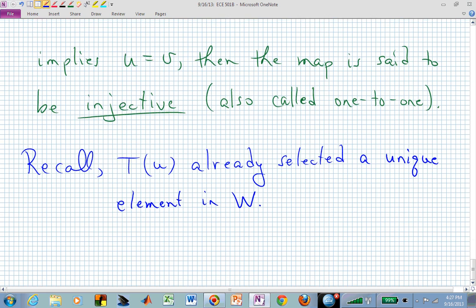So when we pick a U in our domain, that gives us a unique value in our codomain, which we were calling little w.